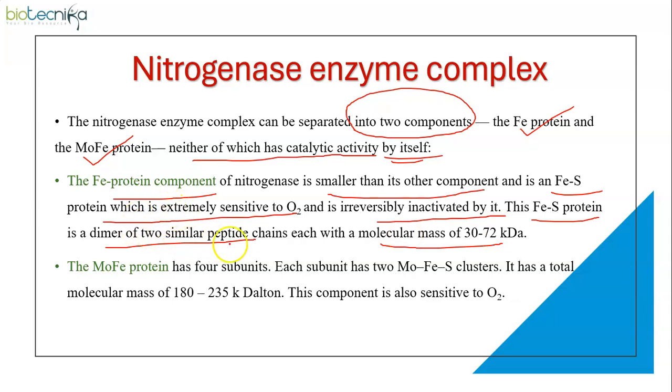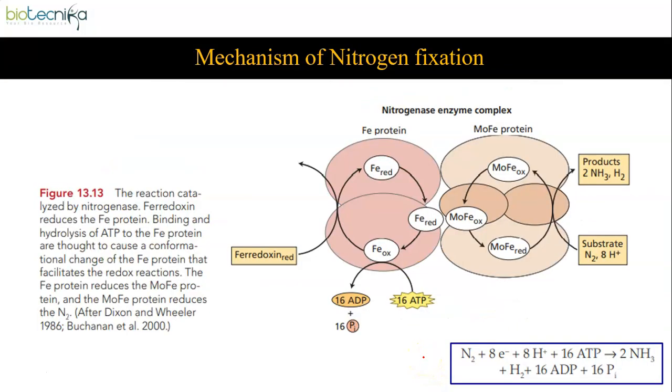So this is a homodimer because it is made up of two similar peptide chains. Now molybdenum iron protein has 4 subunits and each subunit has 2 molybdenum iron sulfur clusters. So they are different. And this component is also sensitive to oxygen. So that's the reason statements B and C were incorrect.